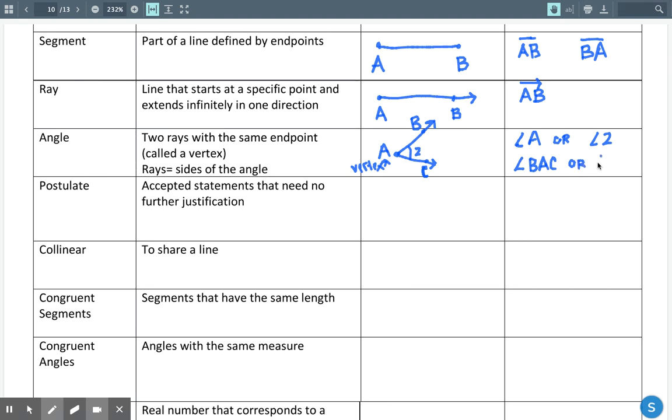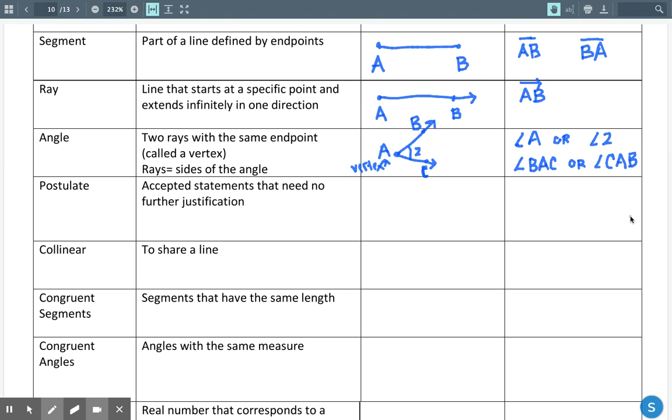So instead of BAC, you could do angle CAB. So all of those are used to describe the exact same thing. It's all an angle.